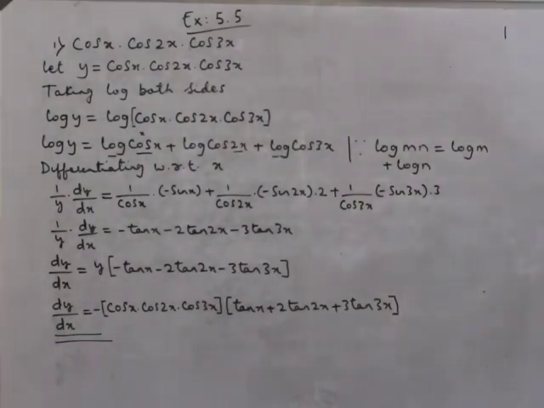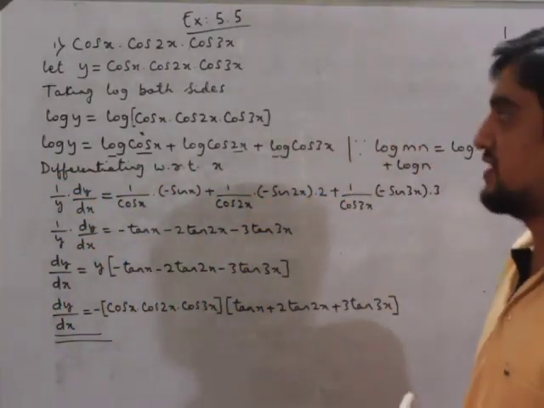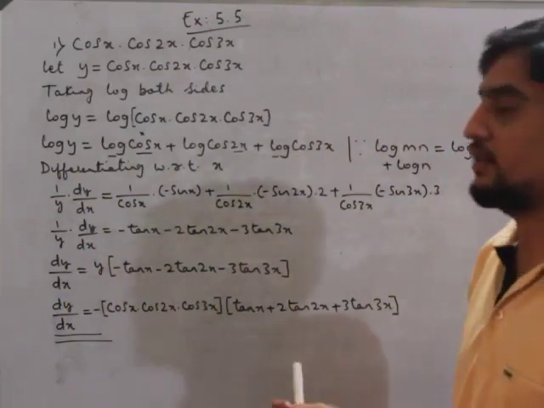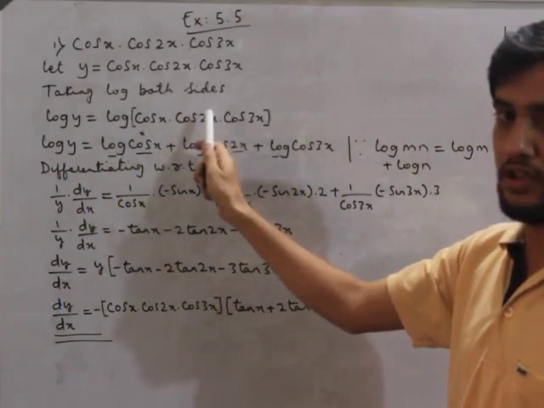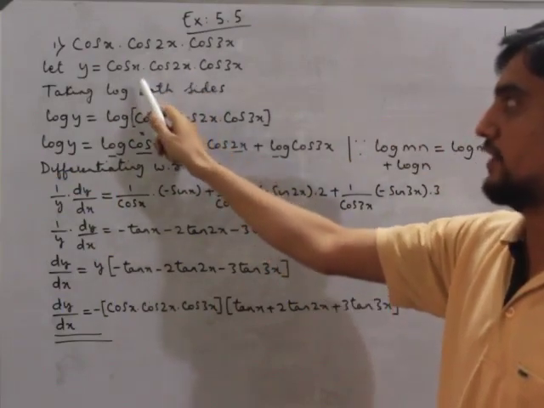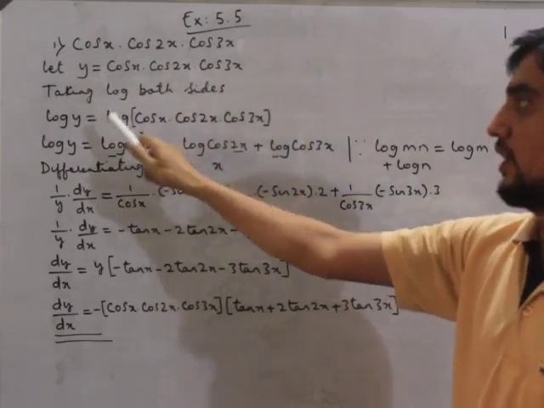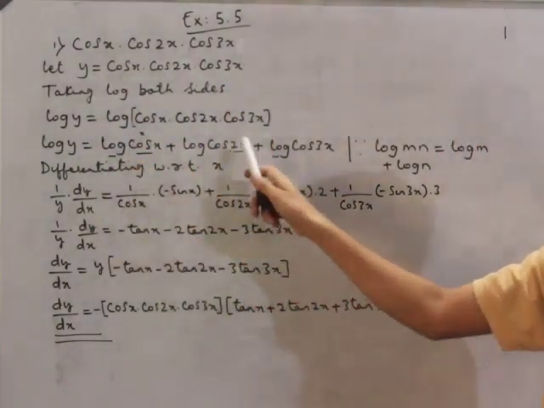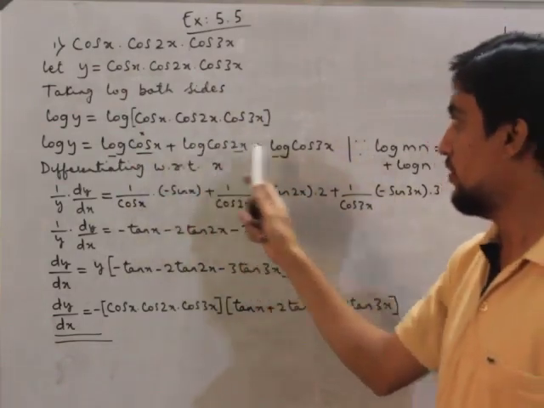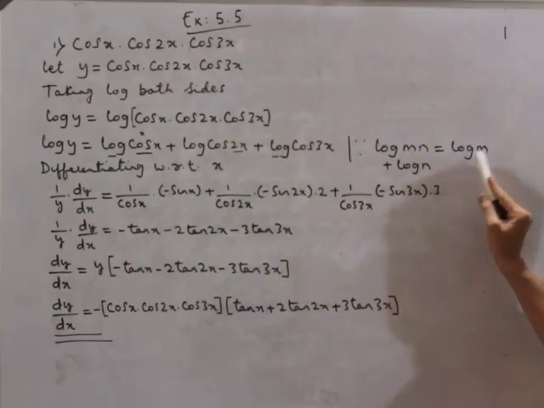What did we do? As I said earlier, this is the concept of logarithmic differentiation. So in logarithmic differentiation, first we should take log on both sides of the function. So y is equal to, this was the given function, I have applied the log. After applying the log, what did I do? I have used first law of logarithm, that is log mn is equal to log m plus log n.